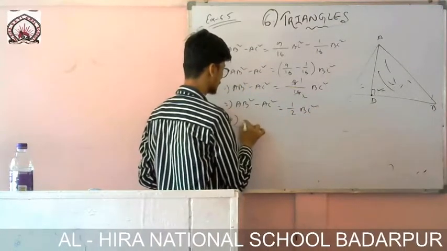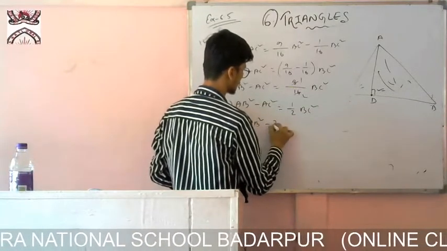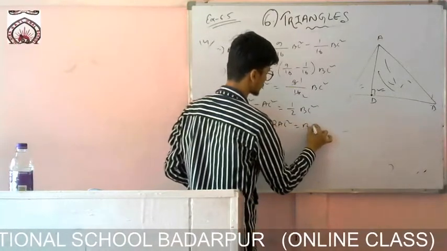So if 2 multiplies this side, it will be 2AB square minus 2AC square equals BC square.